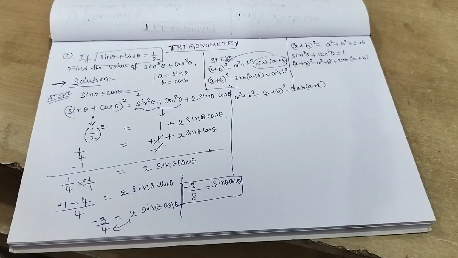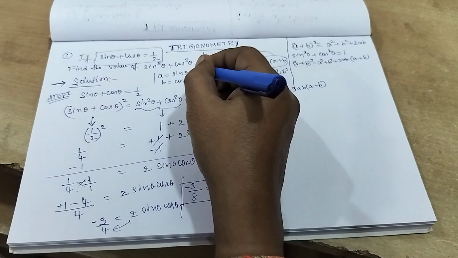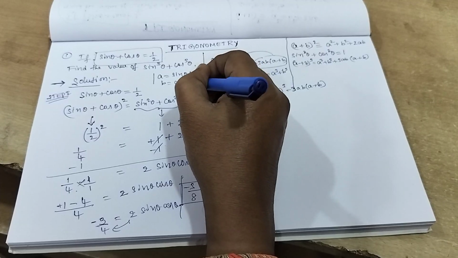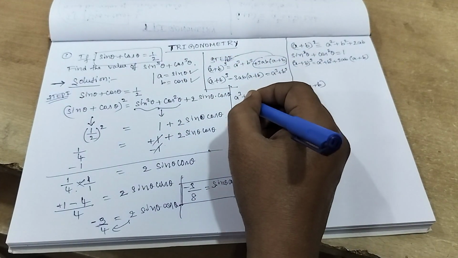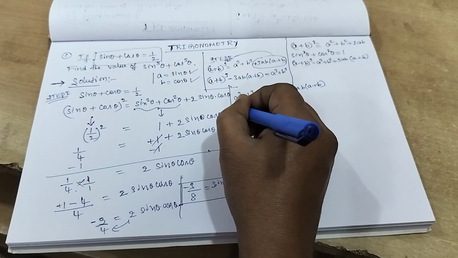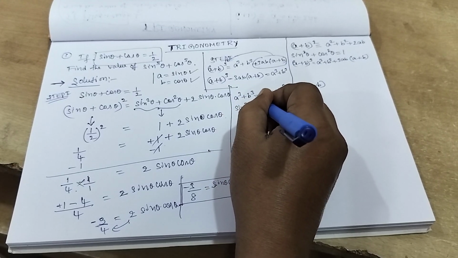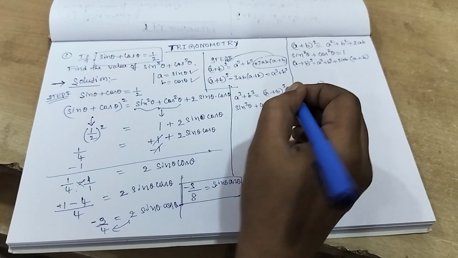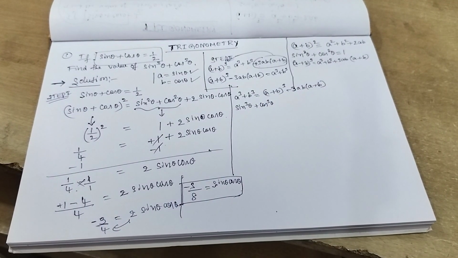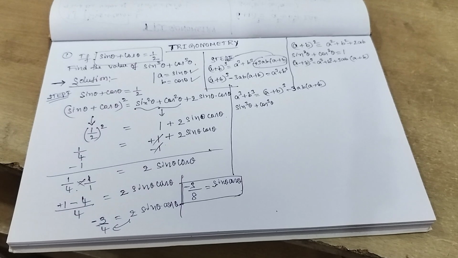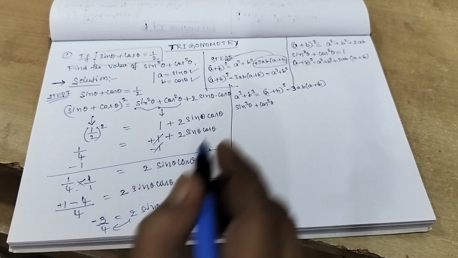So the next step, I'm going to replace a and b, you can see here, a with sine theta and b with cos theta. So obviously it is sine cube theta plus cos cube theta, right? I hope everyone is able to follow and understand my accent.